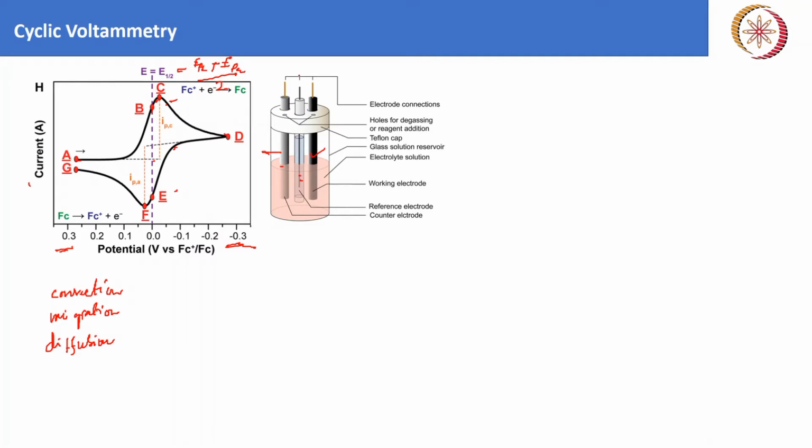As a result, you are measuring the current with respect to the counter electrode, and the potential with respect to the reference electrode. So whatever potential you are getting, that is the exact potential.